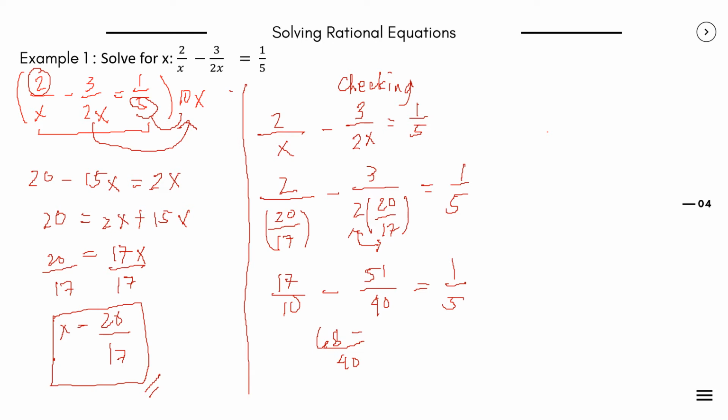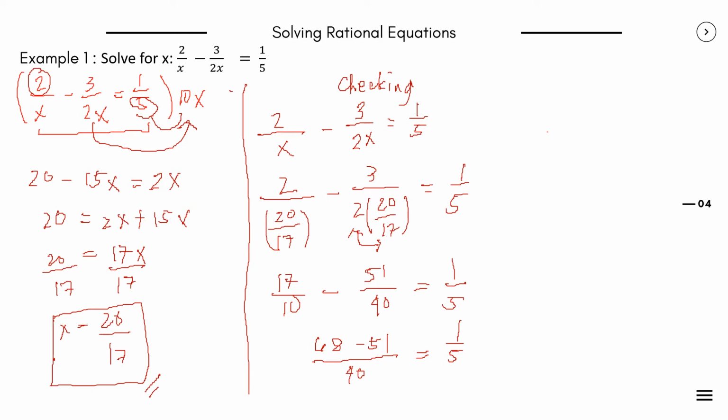Ayusin ko lang yung sulat para kasya siya. So, 68 minus 51. Bakit 51? Kasi, 40 divided by 40 is 1 times 51. So, negative 51. So, bring down 1/5. So, 68 minus 51, ilan to?